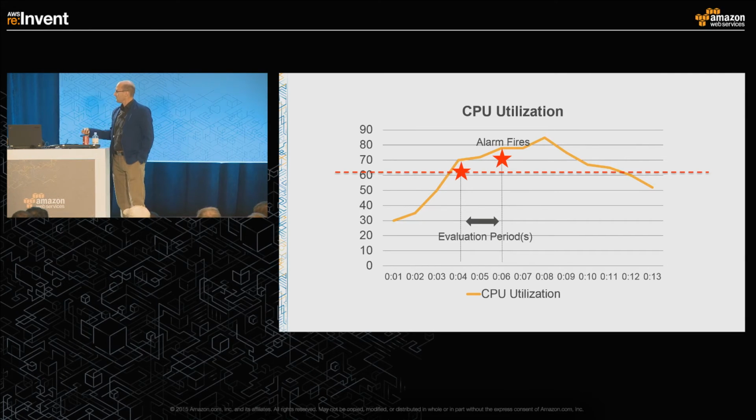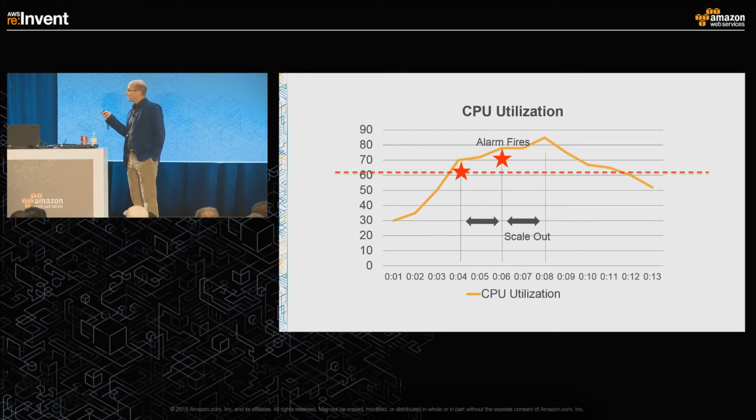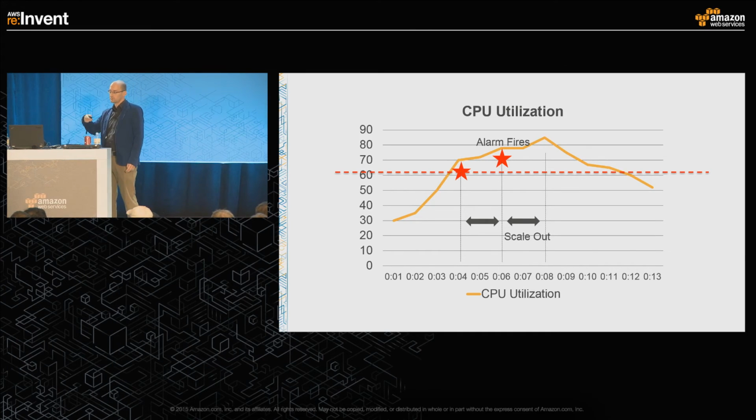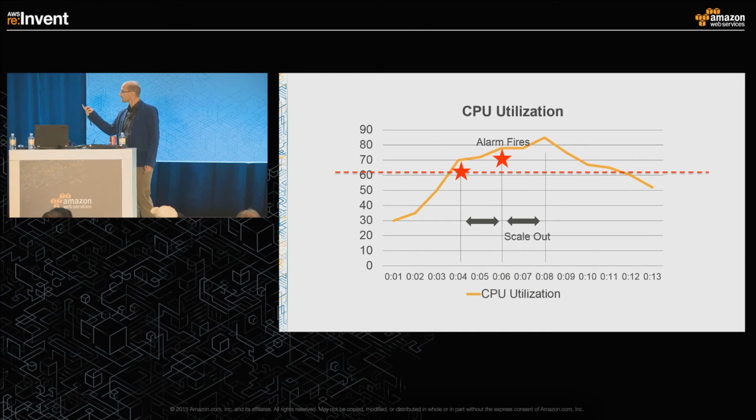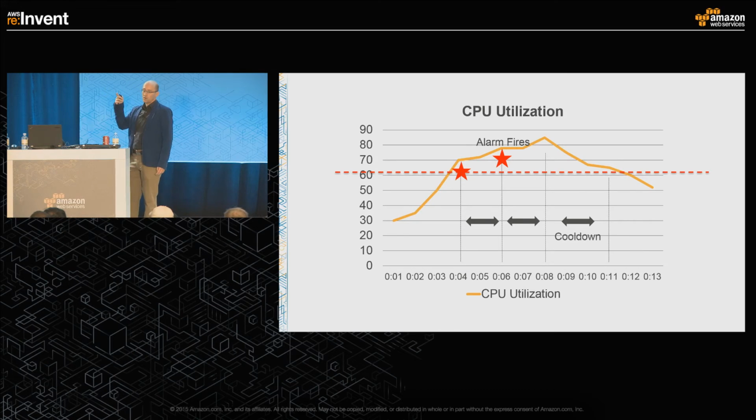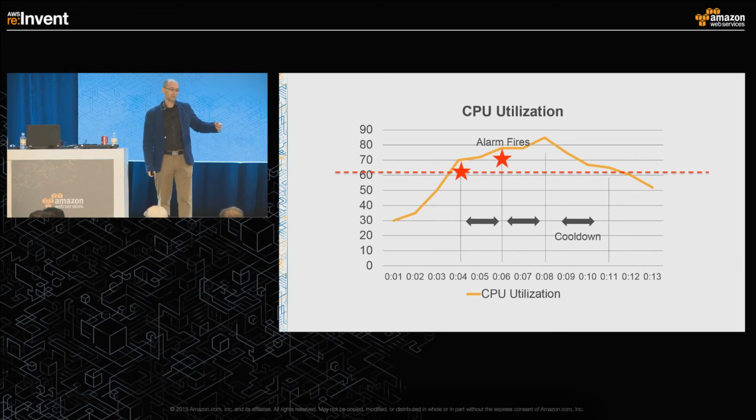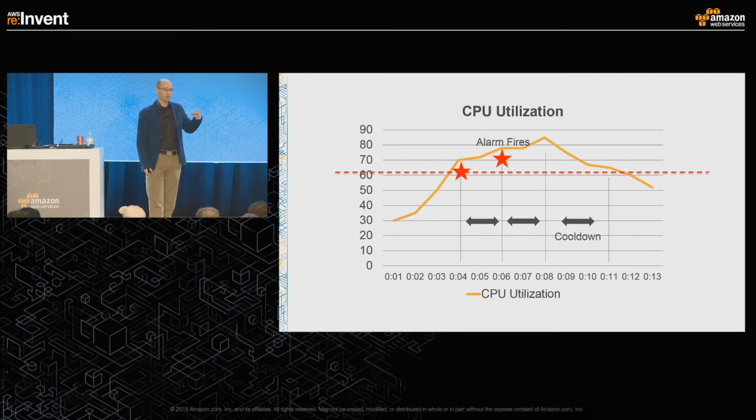And this time is the evaluation period. That's something you define when you define the alarm. And now once that is done, you'll raise a scaling event. So the autoscaling group will add a certain number of instances. And it will then wait a certain amount of time to give the instances a chance to get spun up, to get the web servers up and running, before you will actually start to see a decrease in the CPU utilization.